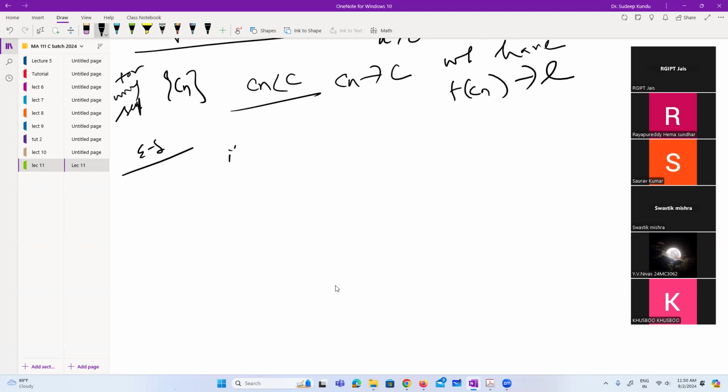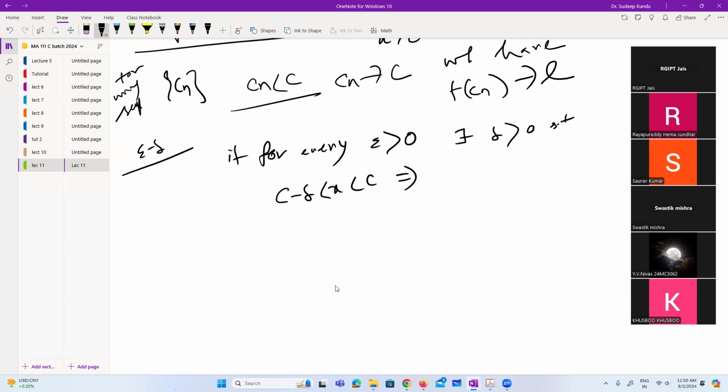If for every epsilon positive, there exists a delta positive such that C minus delta less than x less than C implies the absolute value of f of x minus L is less than epsilon. Is it clear?